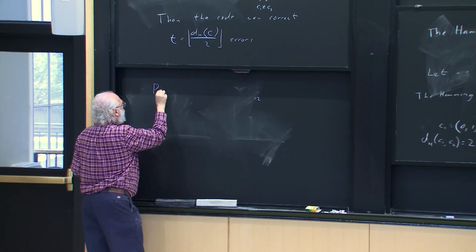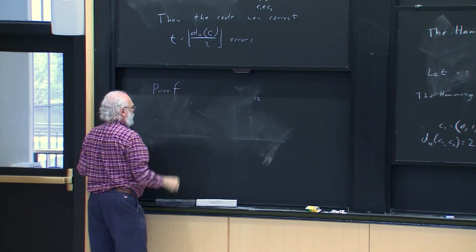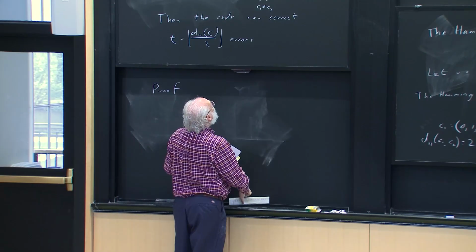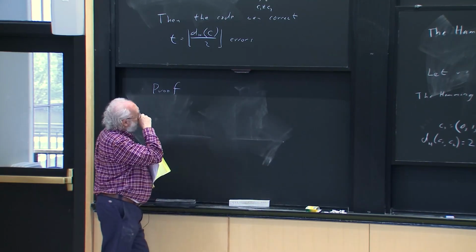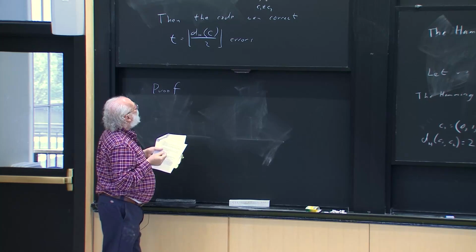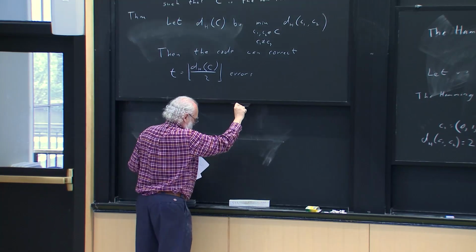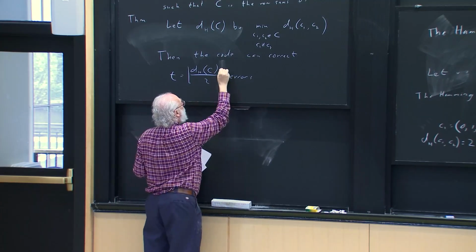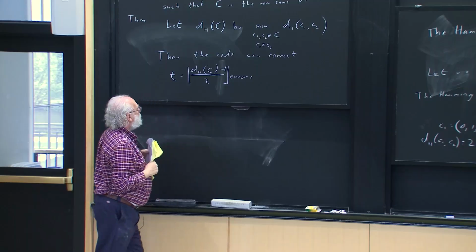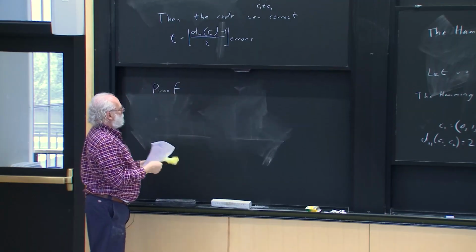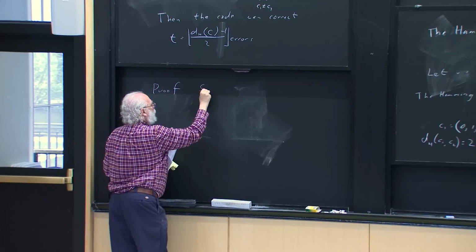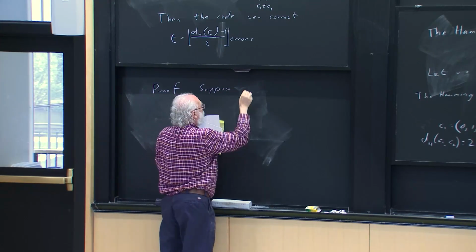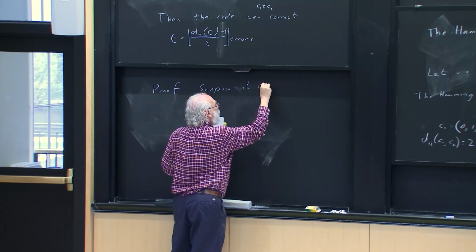And what's the proof? Well, let's assume, I'm sorry, I wrote this formula down wrong. D minus 1 over 2 errors. Suppose it cannot.